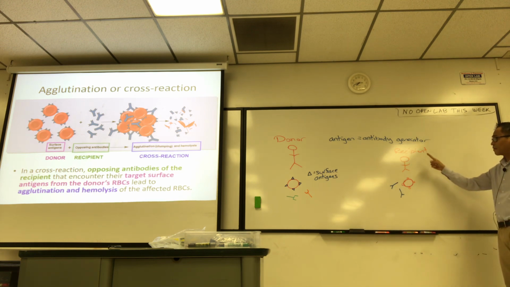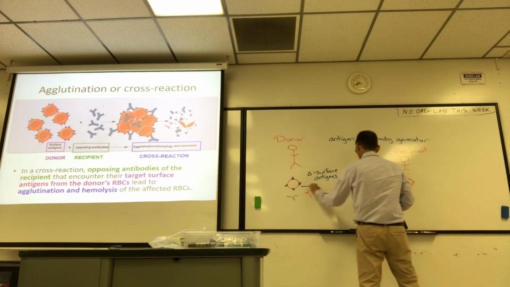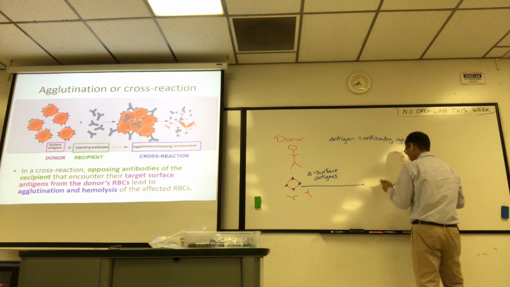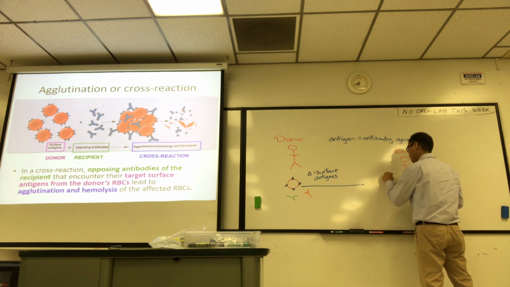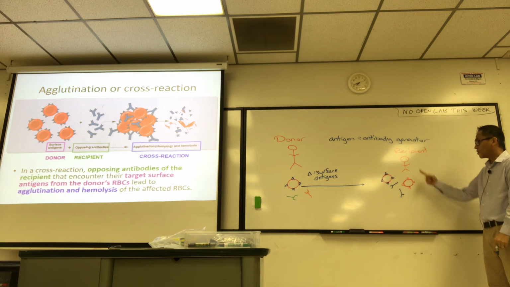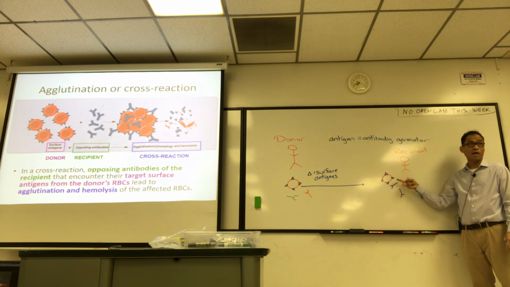So if this person receives this blood, what's going to happen? Now this person has this blood circulating in their bloodstream, and they have the antibody that will attack it, that will recognize it as non-self.